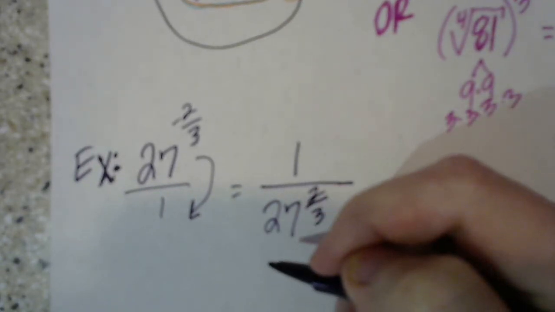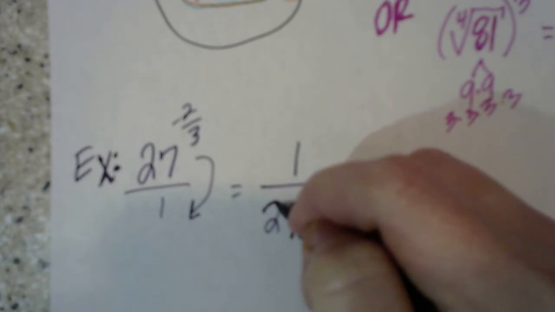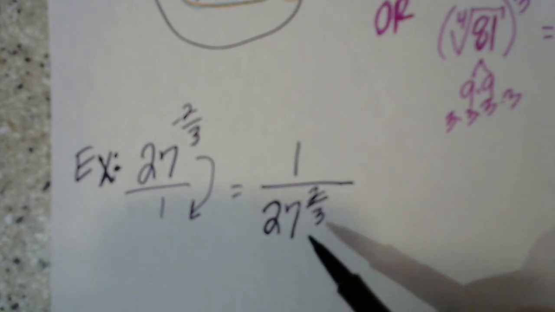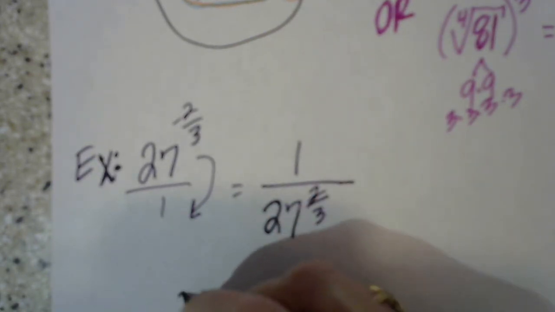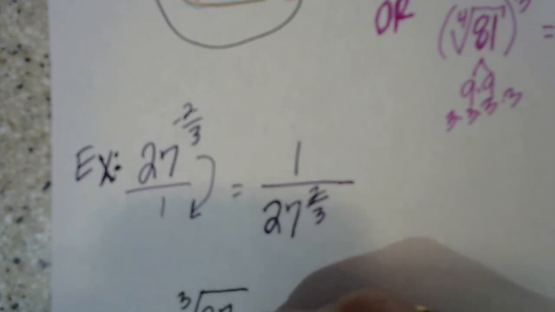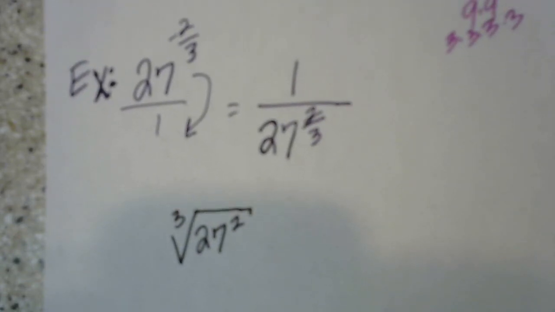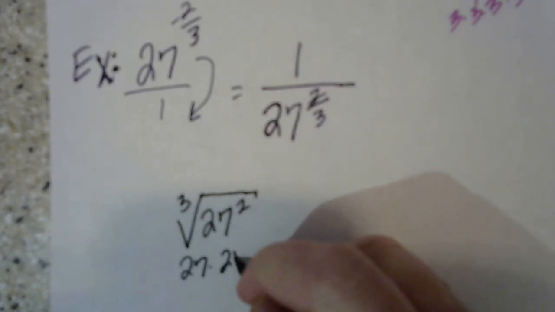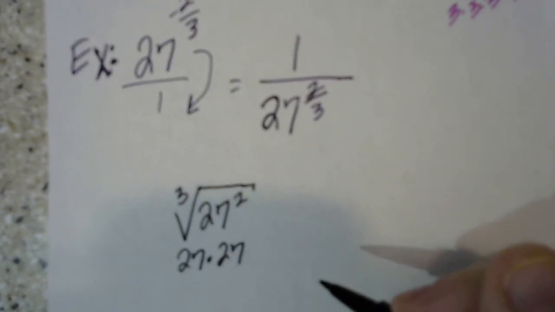Right? Well, I've got to figure out how to handle 27 to the 2/3 power. I know it's under 1 and all, but I still need to know how to handle it. So let's rewrite it. That's the cube root of 27 squared. Right? Cube root of 27 squared. So I can leave it this way and do 27 times 27.